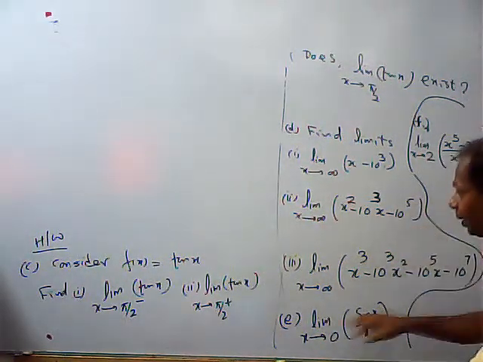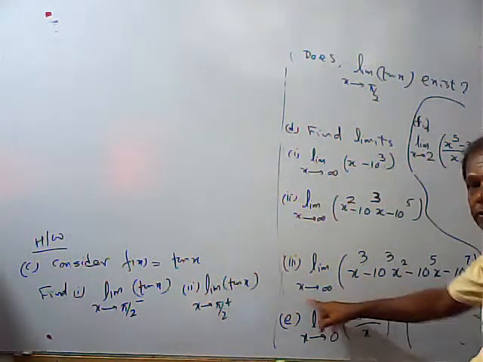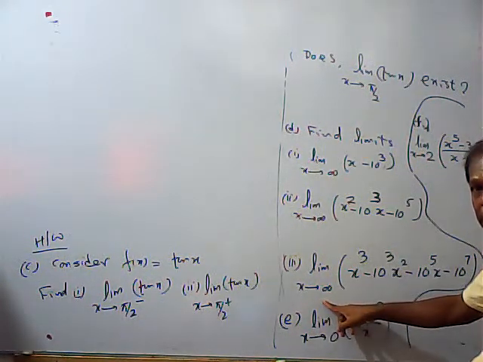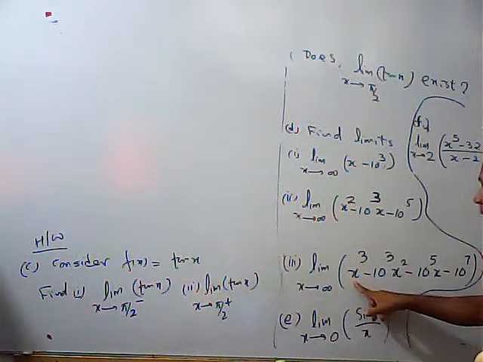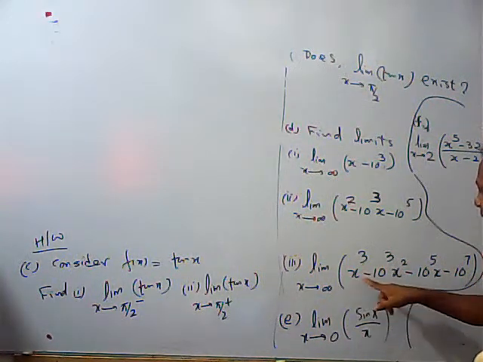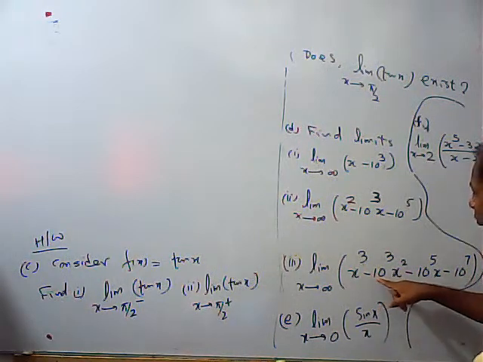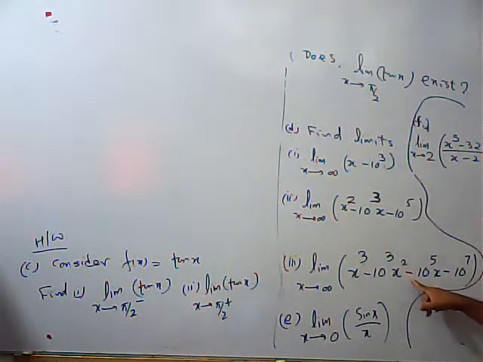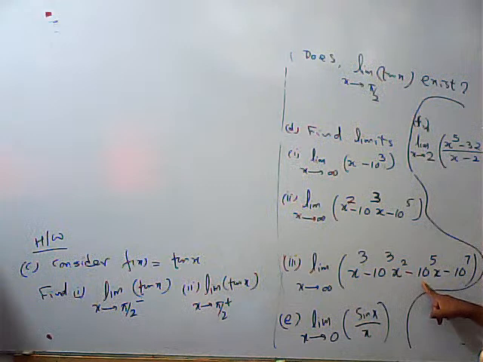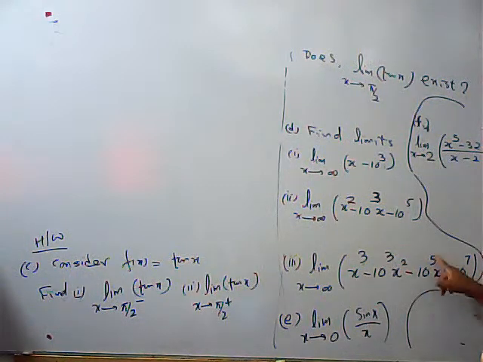And part 3: limit as x goes to infinity of x to the power 3 minus 10 to the power 3 x squared minus 10 to the power 5 x minus 10 to the power 7.